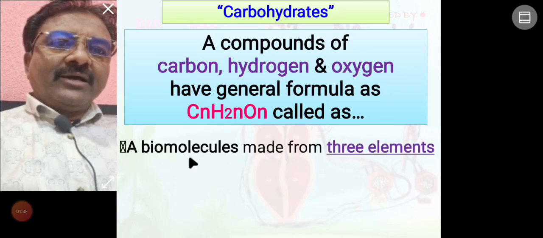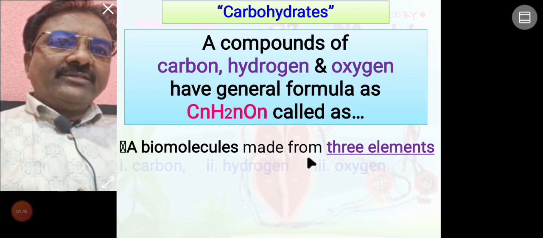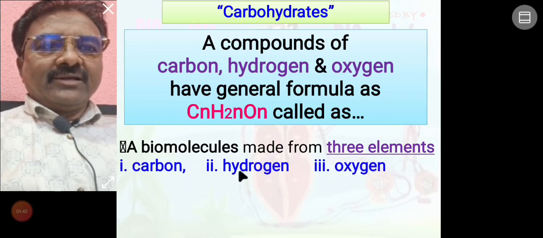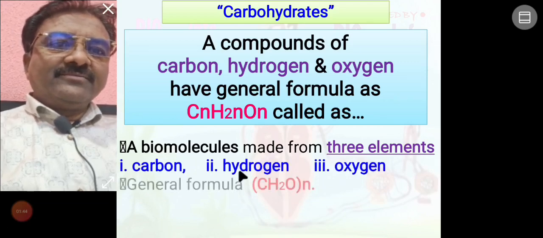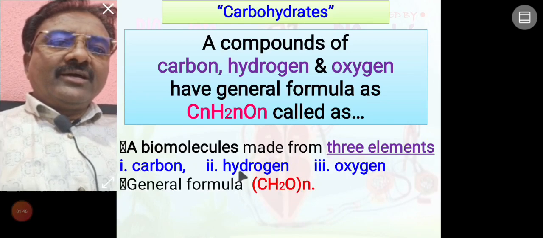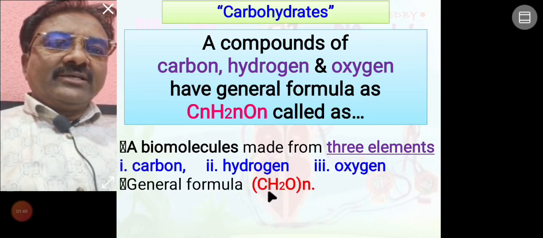Carbohydrate is one of the biomolecules made up of three elements: carbon, hydrogen and oxygen. General formula Cn(H2O)n.